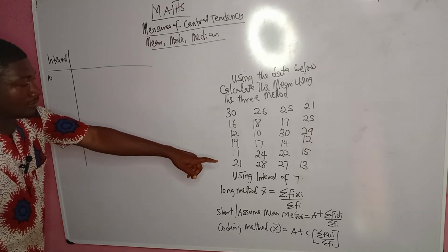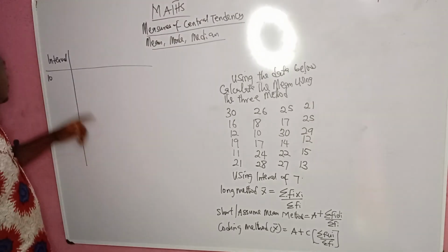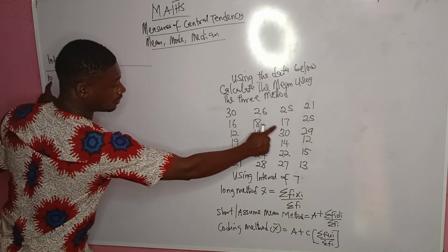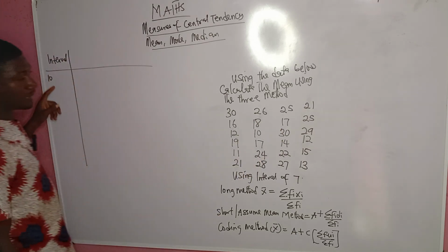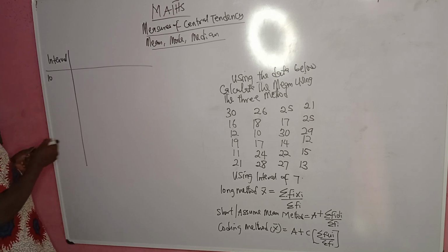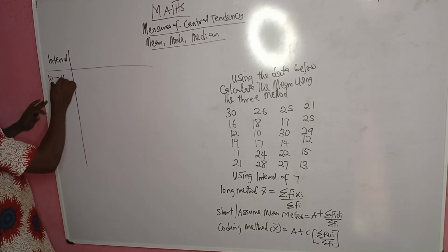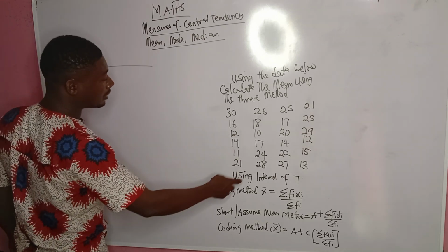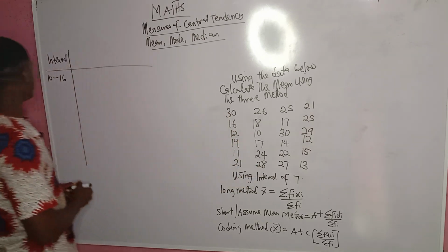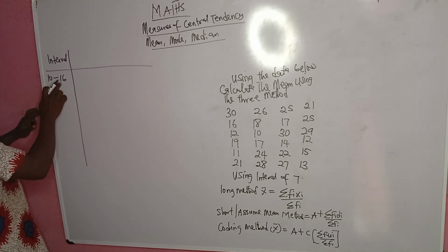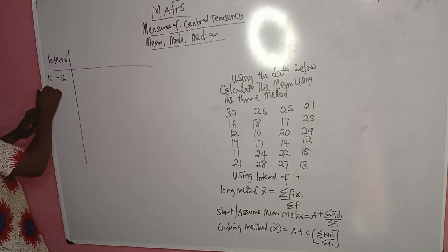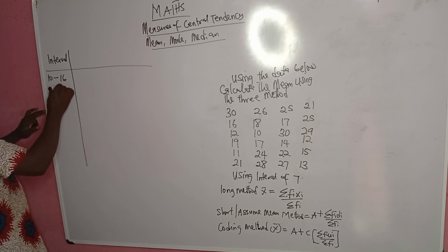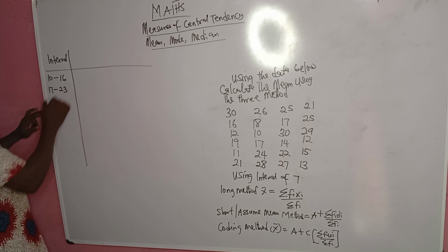Since the interval is 7, we start with the smallest number, which is 10. If you look at all these numbers, the smallest number is 10. Now 10 plus 6 gives us 16. As you go, you also have to look for the highest number. I think the highest number here is 30. So 10 to 16. After 16, 17 plus 6 gives us 23.